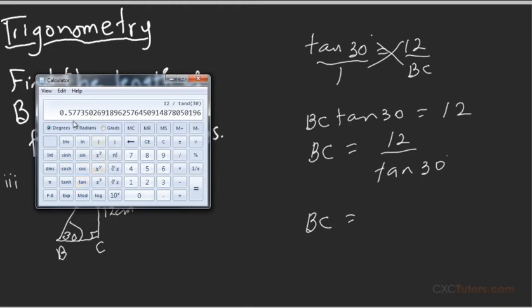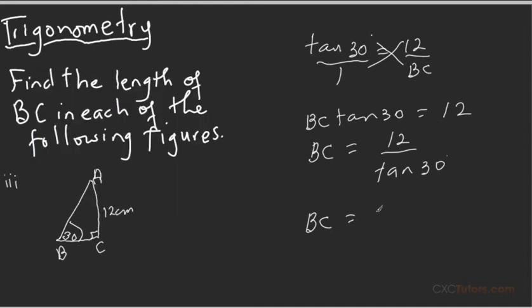And see, this is what tan 30 is. And so when you have 12 divided by that, you're going to press your equal sign, and that is going to give you the answer, which is 20.78 to 2 decimal places. And so BC is equal to 20.78 to 2 decimal places. And so that is the length of BC.